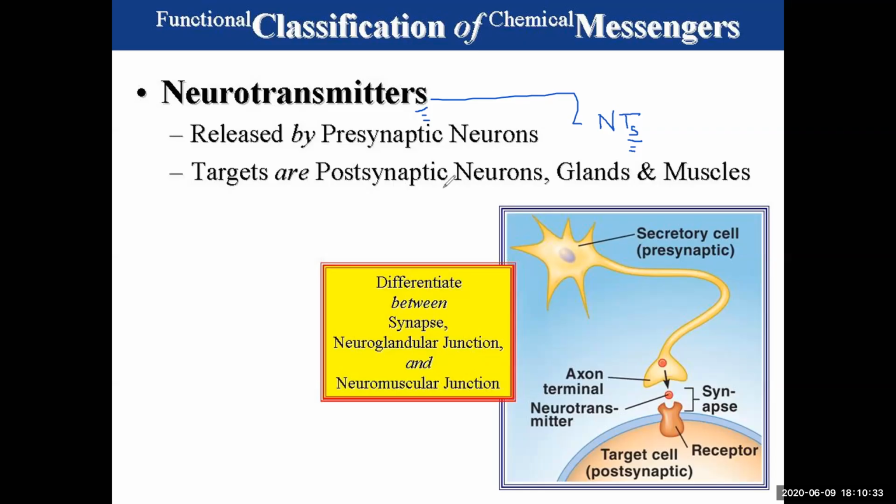Now, the concept of presynaptic neuron and postsynaptic neuron means there's a microscopic space called a synapse between two neurons.